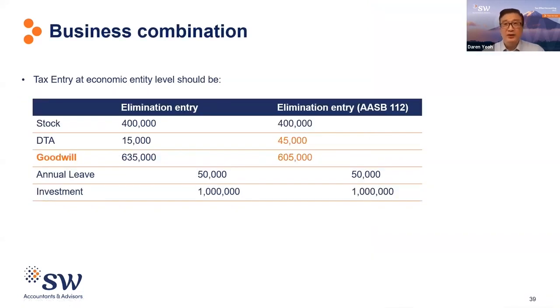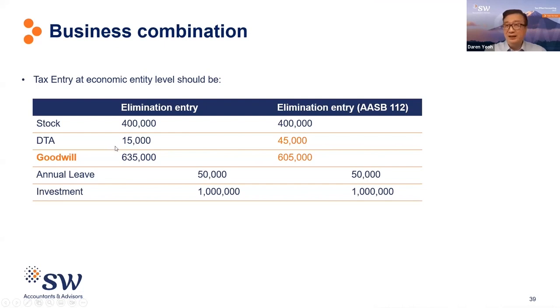So what does the journal entry look like? This is an initial elimination entry before we apply AASB 112, and this is after. Here we bring in the assets at fair value: 400,000 stock, DTA of 15,000, annual leave liability at 50,000. We eliminate the investment, and we bring in goodwill of 635,000 in the economic entity accounts.